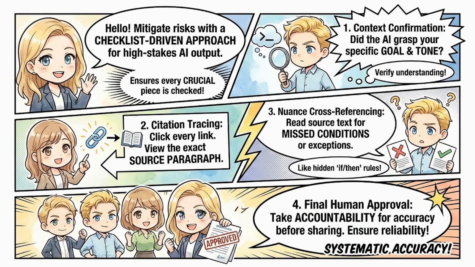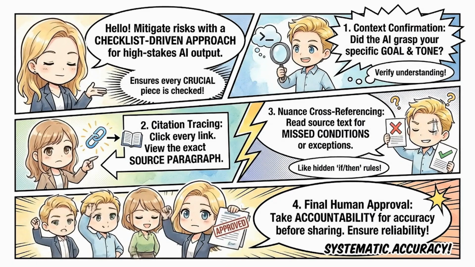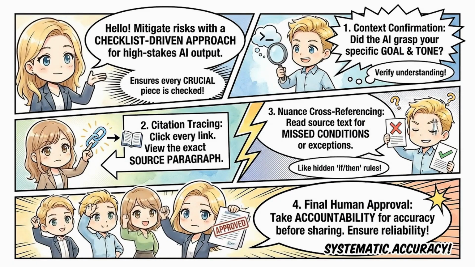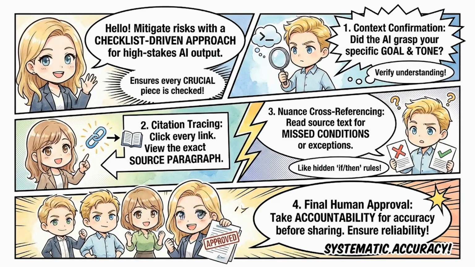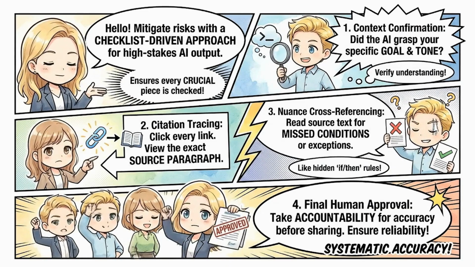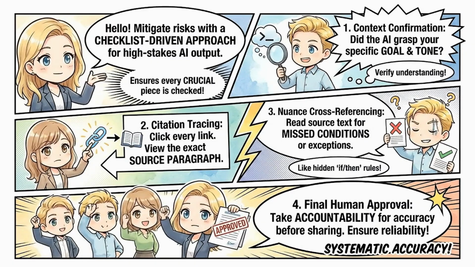Next is citation tracing. Click every provided reference link to view the exact paragraph the AI used to generate its claim. Then, Nuance Cross-Referencing involves reading the source text to ensure the AI did not miss critical if-then conditions or exceptions, just like Robert discovered with the SLA penalties.